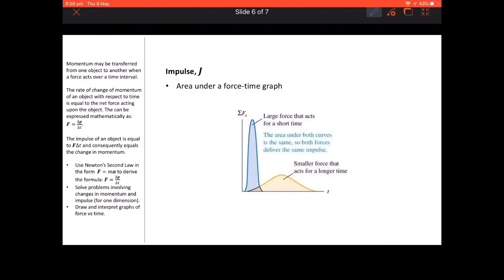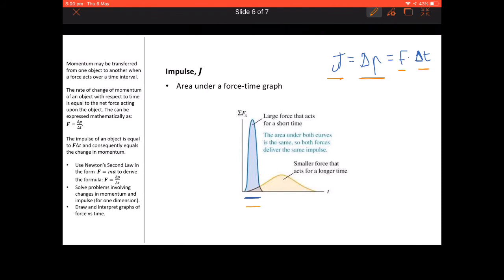Say this is a car without crumple zones: a large force acts for a short time. Impulse equals change in momentum, which equals force times change in time. So this is a really large force, it acts for a short time, and this change in momentum and therefore impulse stays the same.